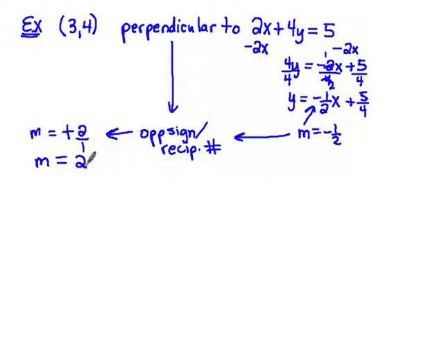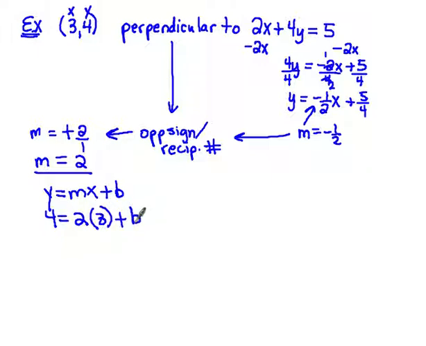Now, I have a slope, an x value, and a y value. So I'm going to go to y = mx + b. So I've got y is 4. My slope is 2. My x value is 3. And I'm looking for b.